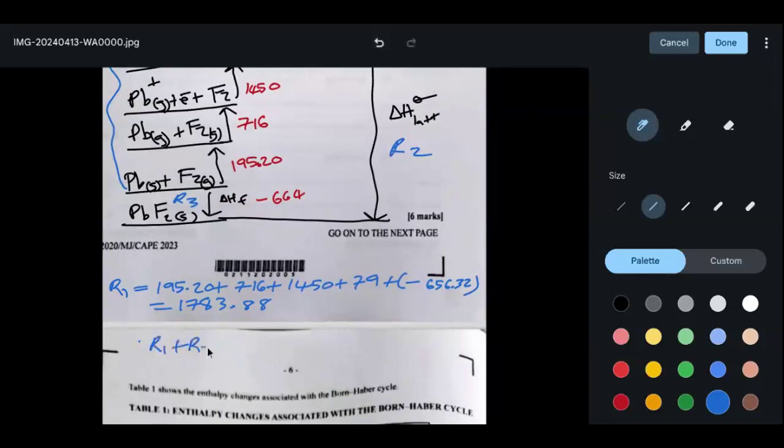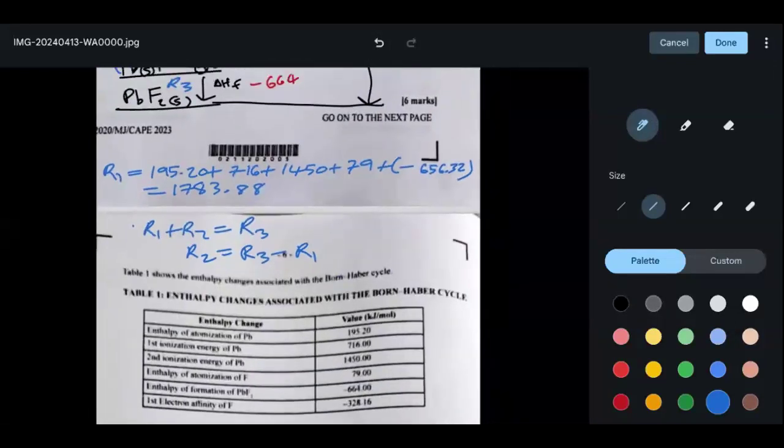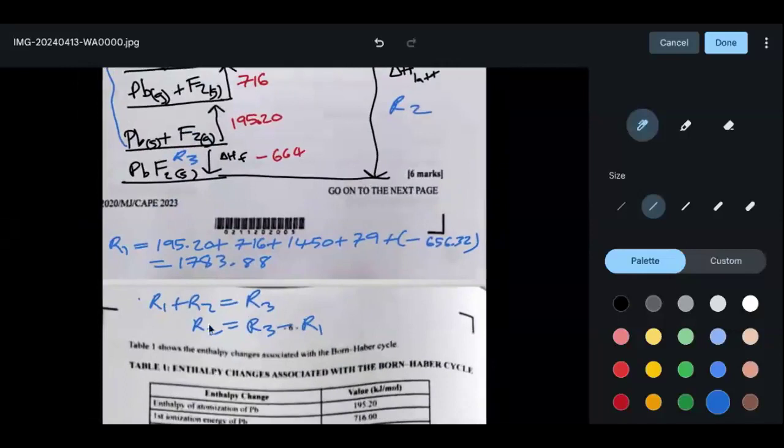So if you want R2, you bring across R1. So it is R3 minus R1.